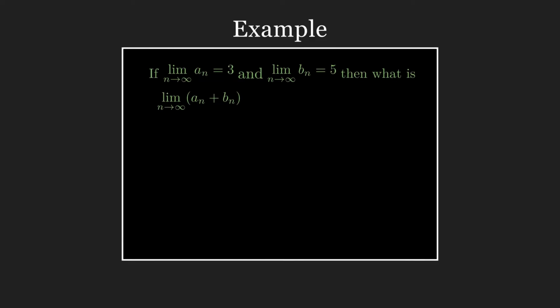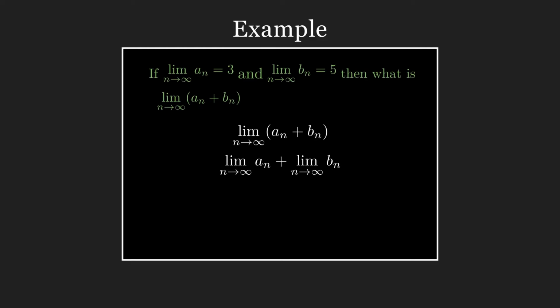Now let's try another example. If limit of an as n approaches infinity equals 3 and limit of bn as n approaches infinity equals 5, then what is limit of an plus bn as n approaches infinity? So if this is given, you can separate them from each other. So you get limit of an as n approaches infinity plus limit of bn as n approaches infinity.